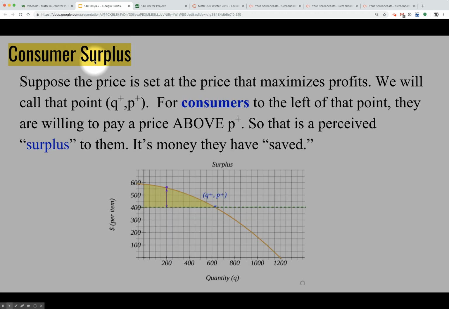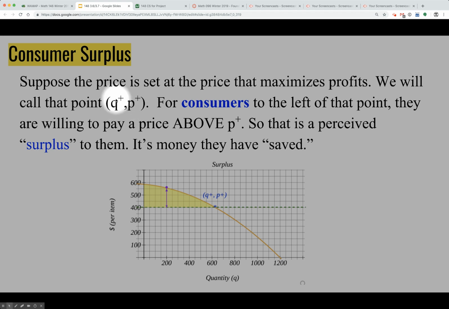So let's take a look at the picture. Let's suppose that the price for this item is set at the actual price that maximizes the profits, which we've already been computing. We're going to call that price P plus. The plus just means it's the best price. Now we know that there is a corresponding quantity, Q plus, that corresponds to that price on the demand curve.